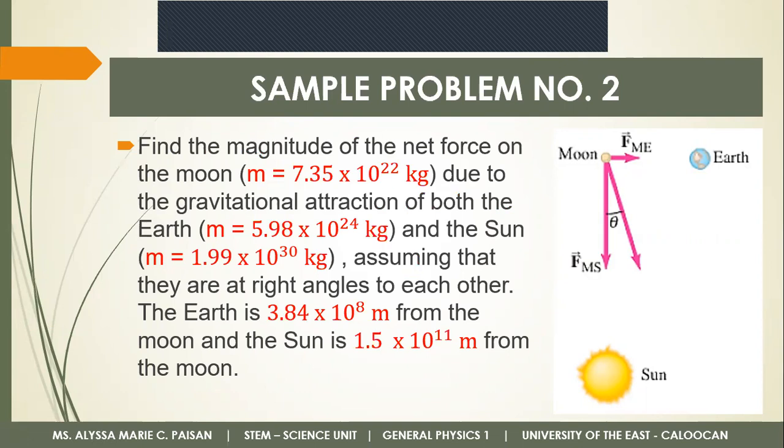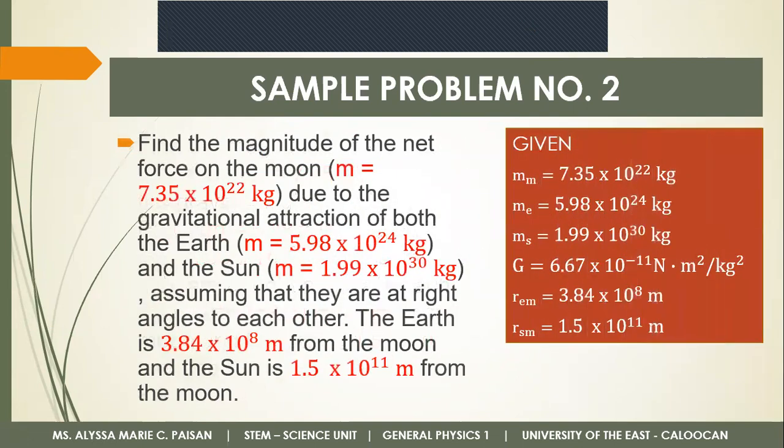The Earth is 3.84 times 10 raised to 8 meters from the moon, and the Sun is 1.5 times 10 raised to 11 meters from the moon. So here's the illustration, assuming nga na, syempre dumadating naman talaga sa point na at right angle si Sun tsaka sa Earth kay Moon, no?